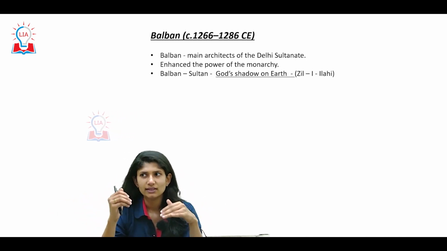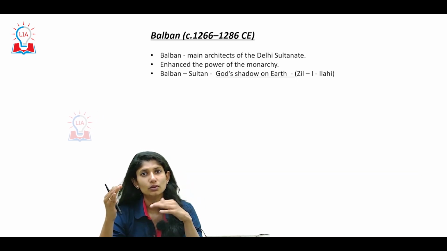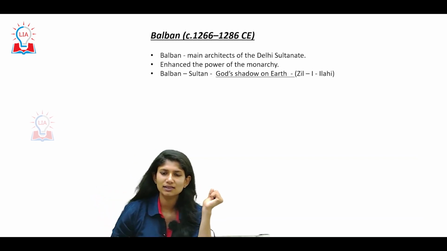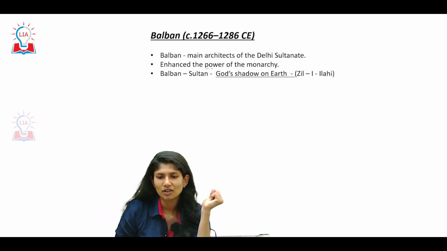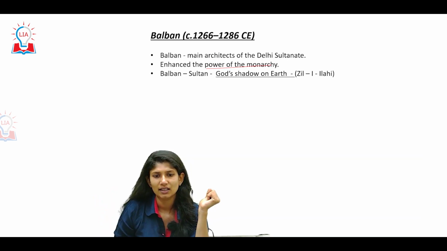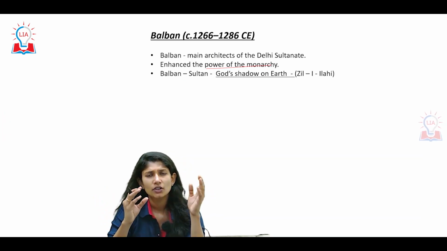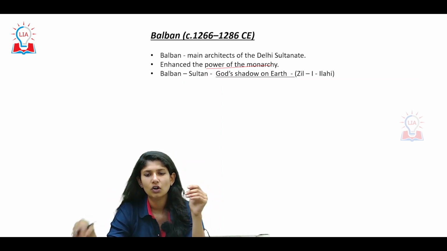Obviously, if Balban is trying to become more and more strict, how would the nobles react? They wouldn't like that. Now look at this. He enhanced the power of monarchy, and he was the one who made the Sultan considered as God's shadow on earth.